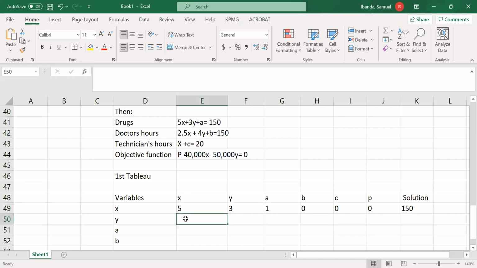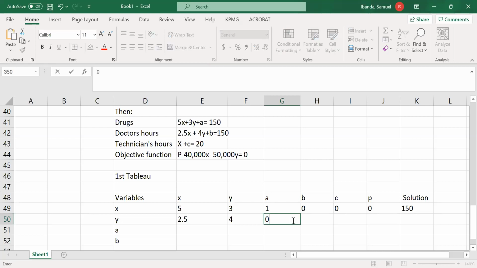So this will be 2.5. And here we have 4. And here we have 0.